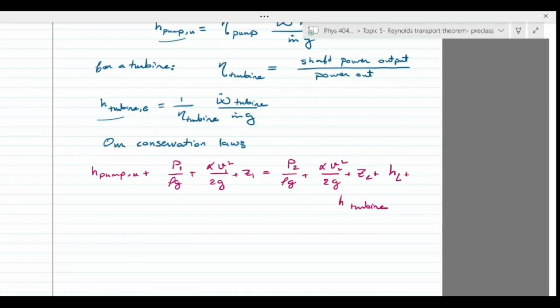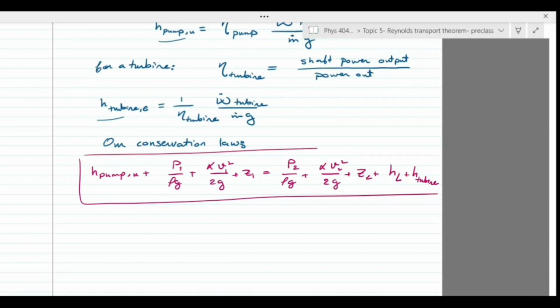You can see how I'm arranging the inputs on one side and the outputs on the other side. So a turbine energy is usually an output energy of my fluid, so I took it to the right hand side. And that's basically the equation that we will be using for the study of the conservation of energy.